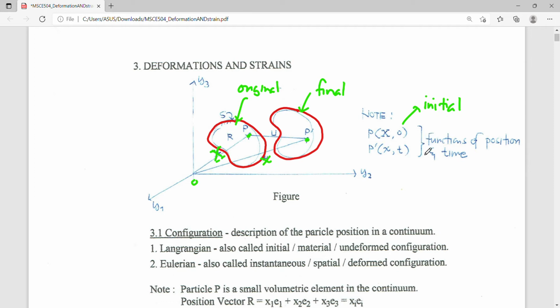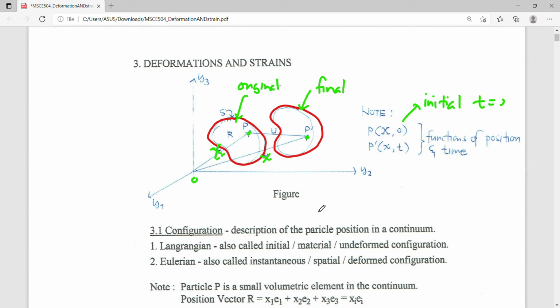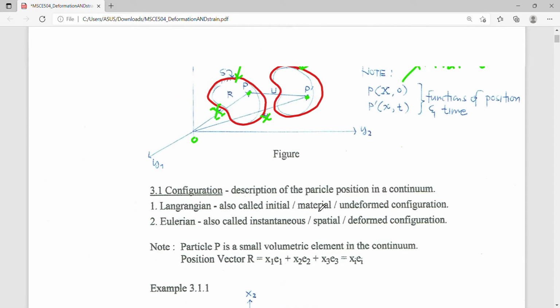So this description is a function of position and time, wherein the 0 value simply connotes that your time t is equal to 0. For the description of the particle position in the continuous body, or continuum, we call this the configuration.